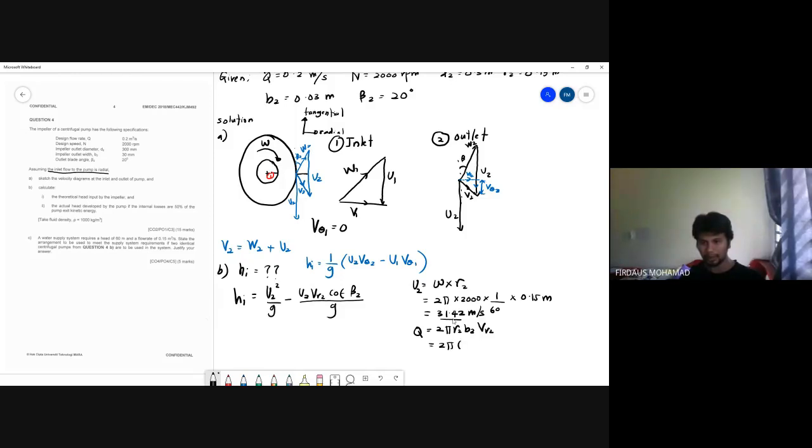Okay, so 2 pi R2 0.15, B2 is given 0.03.